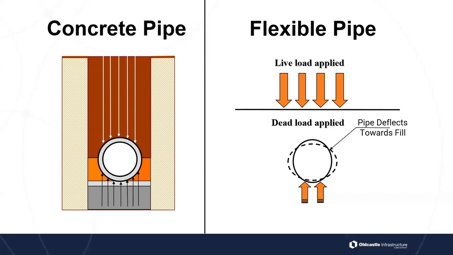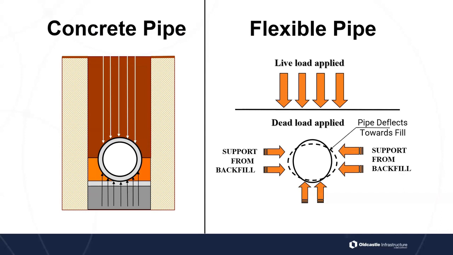And so in order to withstand that deflection, we have to make sure that we have forces on the side holding that into place. And that is where we get the support from the backfill, right? So we have to come in and build that. So when we say it's an engineered installation and it's field tested, this is what we're talking about. We have to make sure as an engineer that we are explaining to the contractor enough to build that backfill.